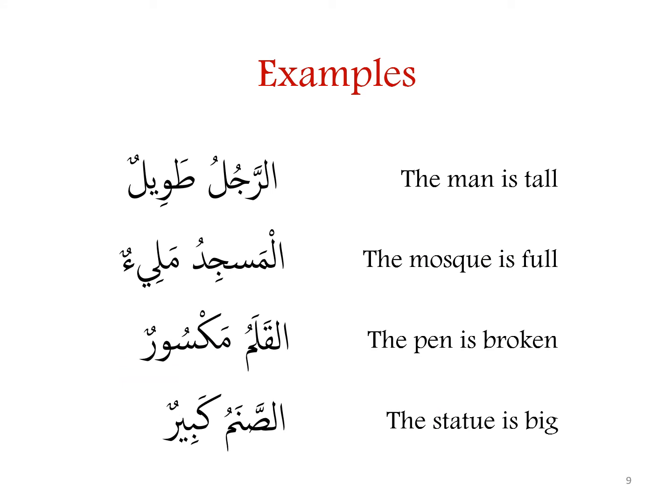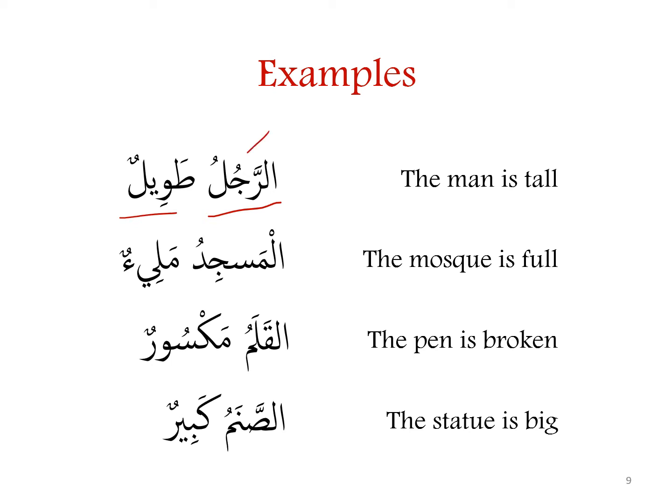Here are some more examples. Al-rajulu tawilun, the man is tall. Al-masjidu mali'un, the mosque is full. Al-qalamu maksurun, the pen is big. As-sanamu kabirun, the statue is big. So we can see here that we have a definite noun followed by an indefinite adjective.